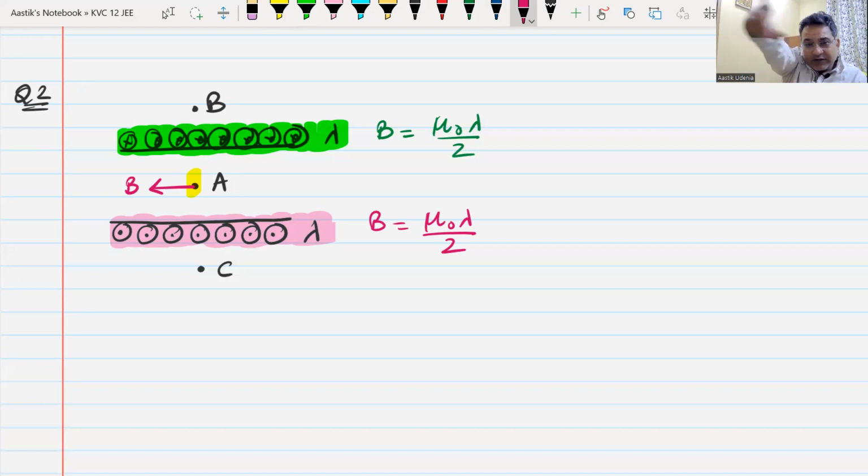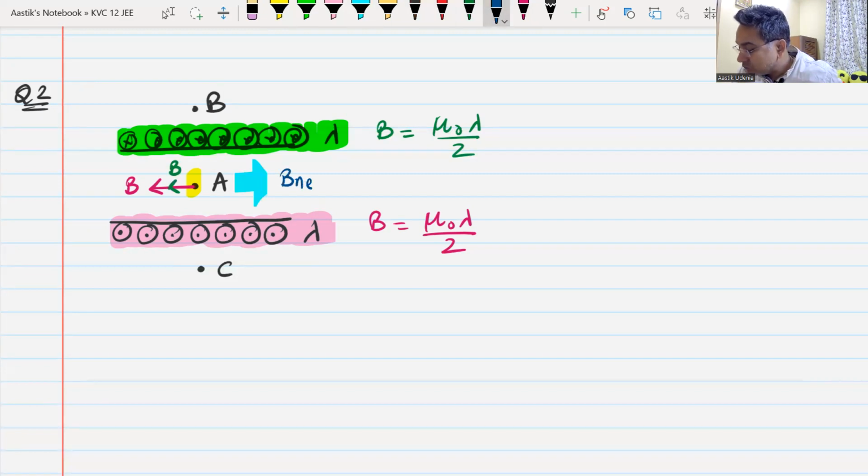So if I turn my fingers, it will go in this direction. So both the fields are getting added up. So the magnetic field at point A becomes mu naught into lambda. Do we understand this? Yes, sir.